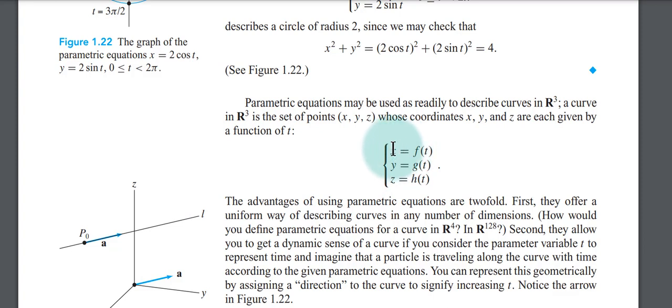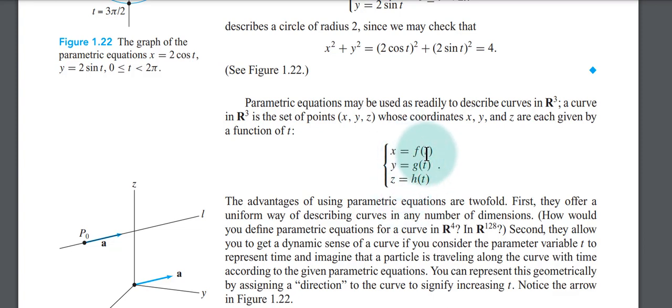Like the first dimension, instead of calling it x, we could call it x1, and instead of calling it y, we call it x2, and this could be x3, and then we could have x4, x5, x6, x7, and so on. We could go as far as we needed to, depending on what our data was. So we could go, for example, to 128 variables or 4 variables or whatever. And the way that we would specify the parametric equations is the same way.